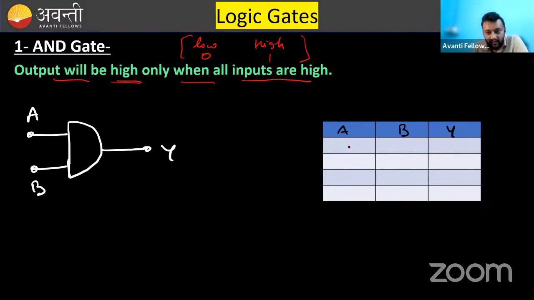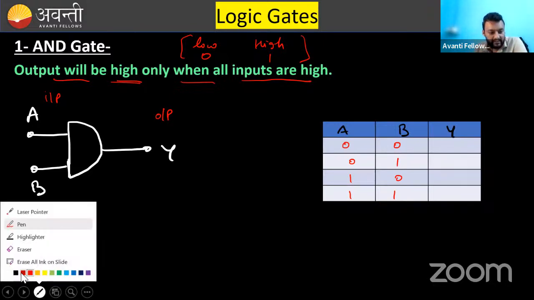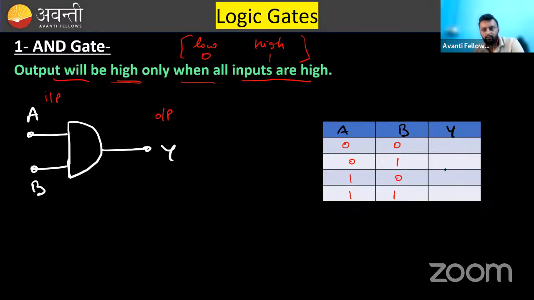So if I put the values here, A and B, this is the AND gate symbol. These A and B are inputs. This is the output. I can take the values 0 0, 0 1, 1 0, 1 1. Only these 4 combinations can be formed for inputs. The statement says output will be high only when all inputs are high.